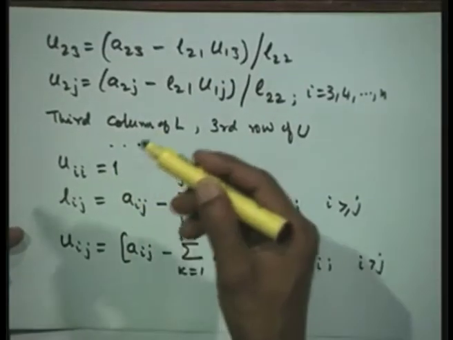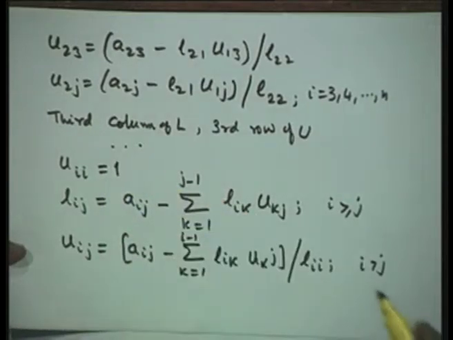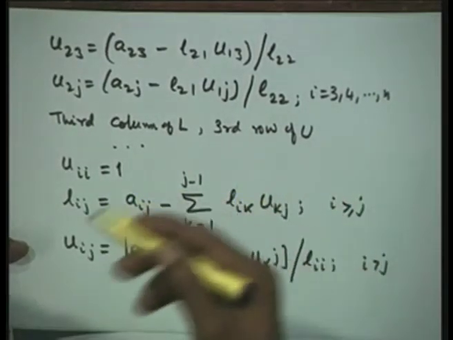One particular thing is the storage: you do not have to ask for storage for A, L and U. You can overwrite the elements of A with the elements of L and U. Knowing that the elements uii are equal to 1, we can overwrite the elements of A by the elements of L and U as the computation progresses. Therefore, we do not need matrices of order n into n for A, n into n for L, n into n for U. So, optimality can be obtained in the way one does the storage.